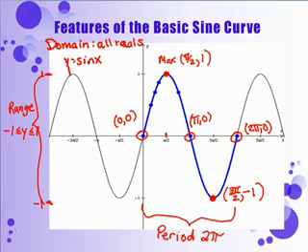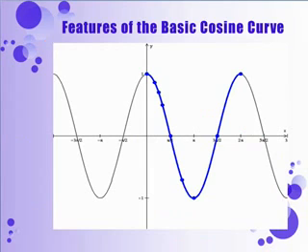Okay, next let's take a look at some of the basic features of our cosine curve. So this is a graph of y equals cosine x, and just like sine, you can see that our graph doesn't have any gaps, so that means our domain is all reals.